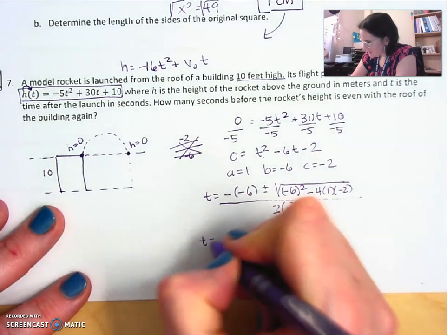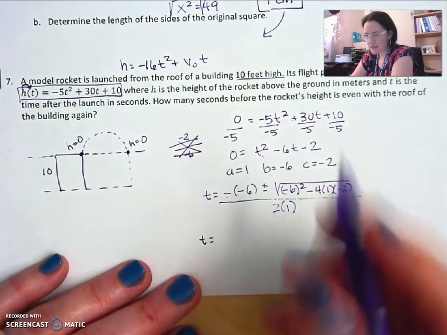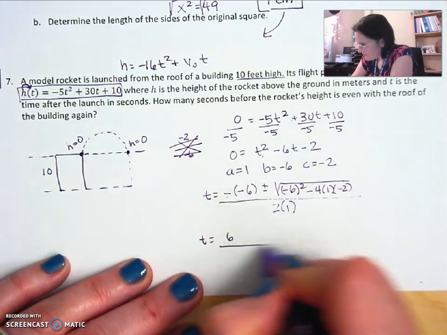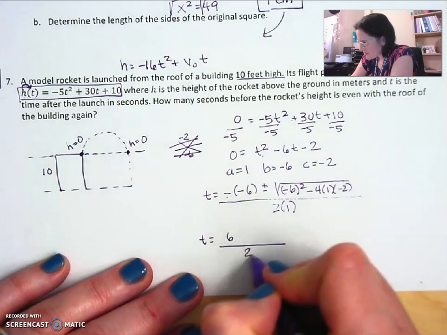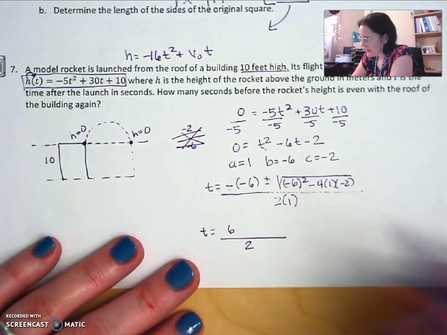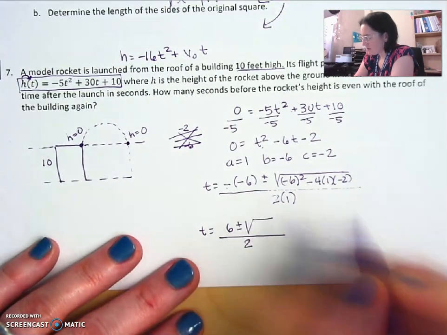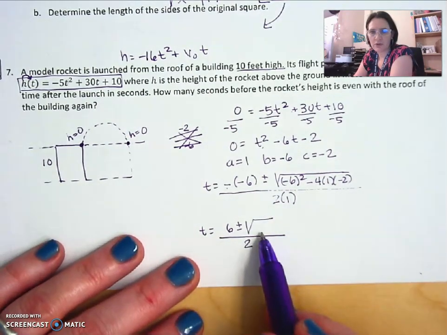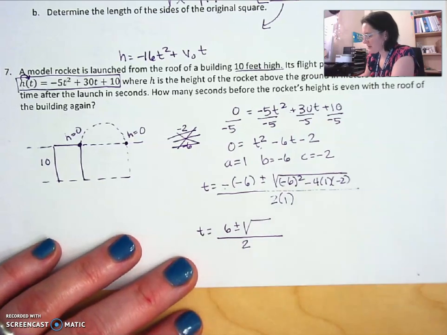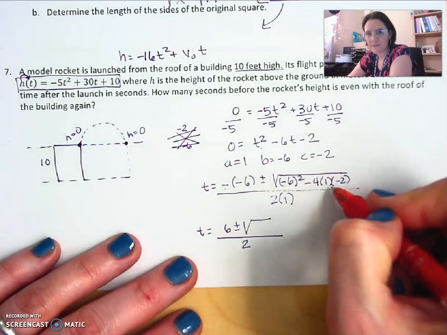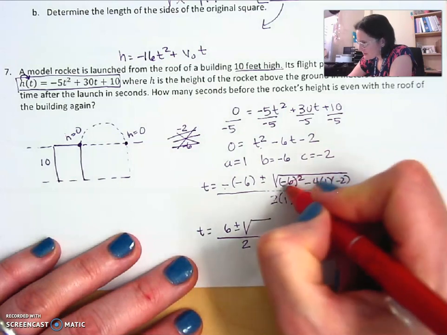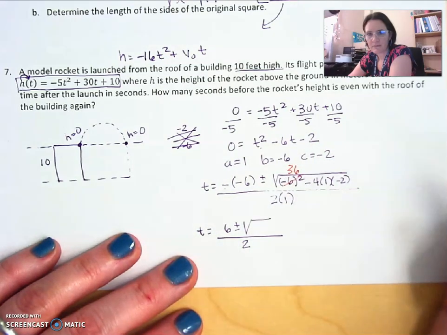So I'm going to do this -6 and make it positive. In the denominator, 2 times 1 is 2. And then I have plus or minus whatever number goes in the square root. So I'm going to do my square root math just right on top of my radical right here. -6 squared is a positive 36.